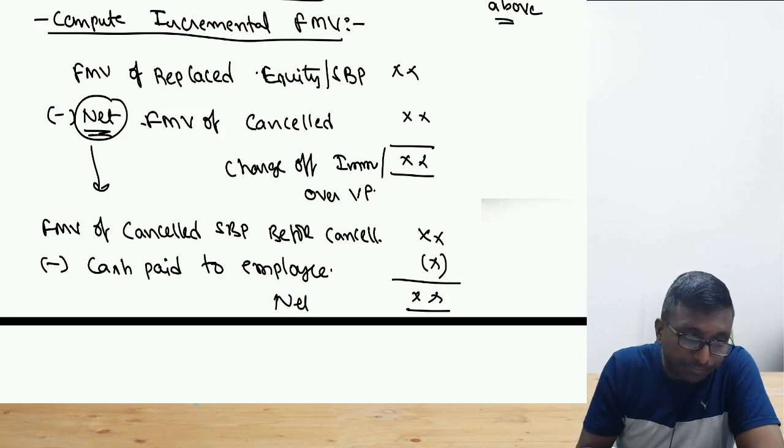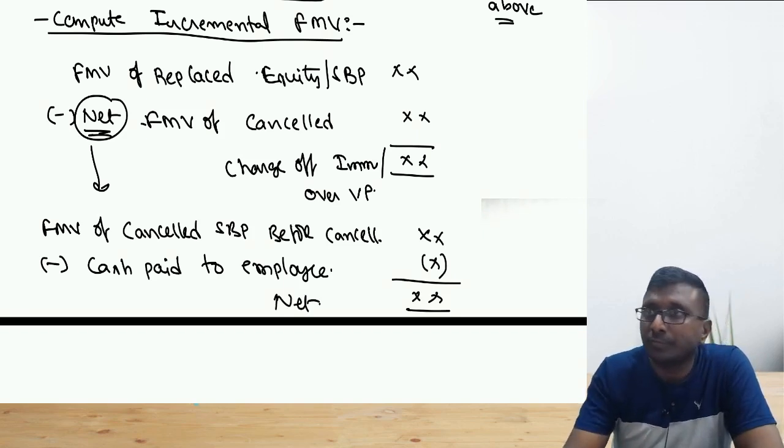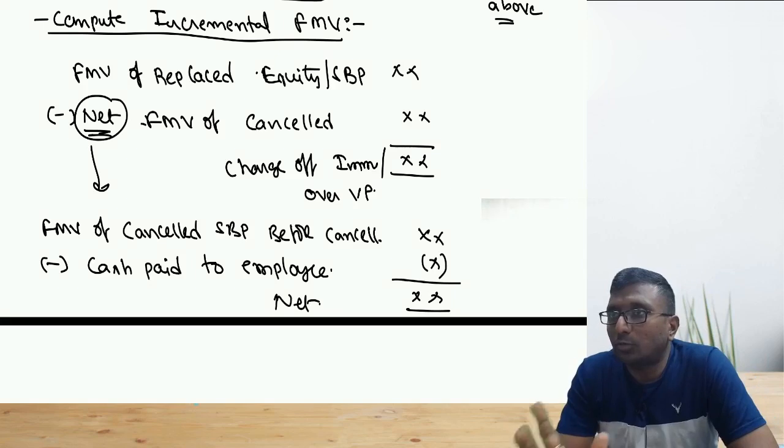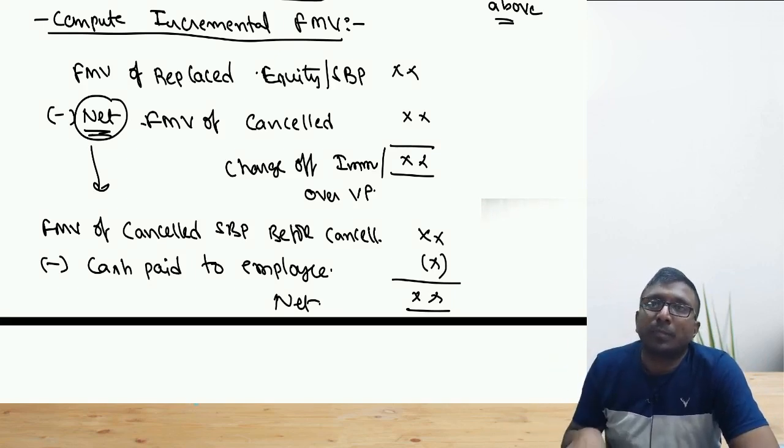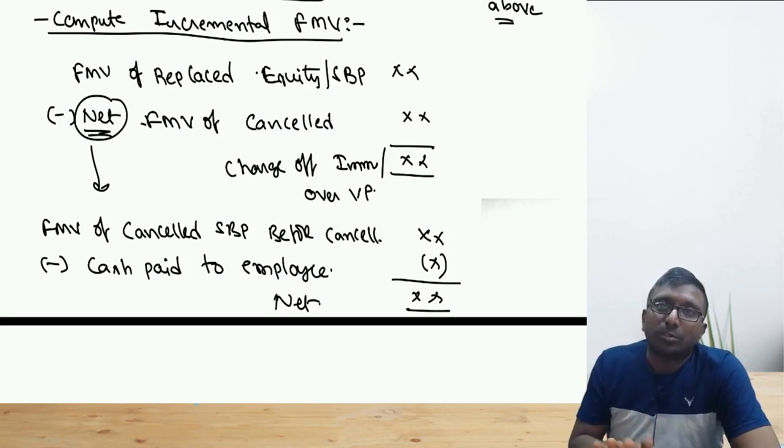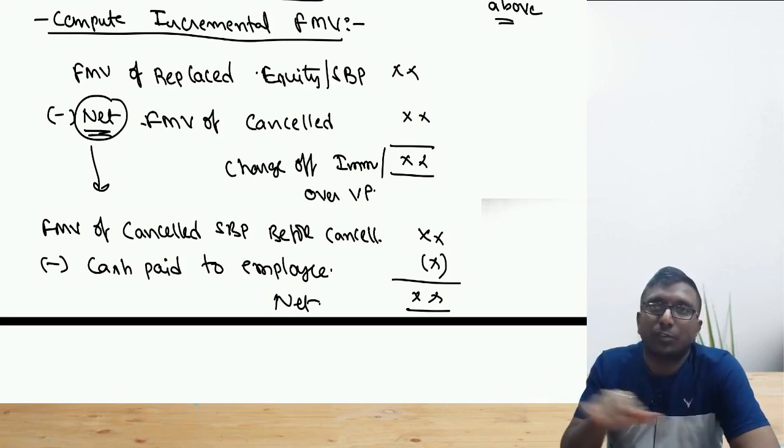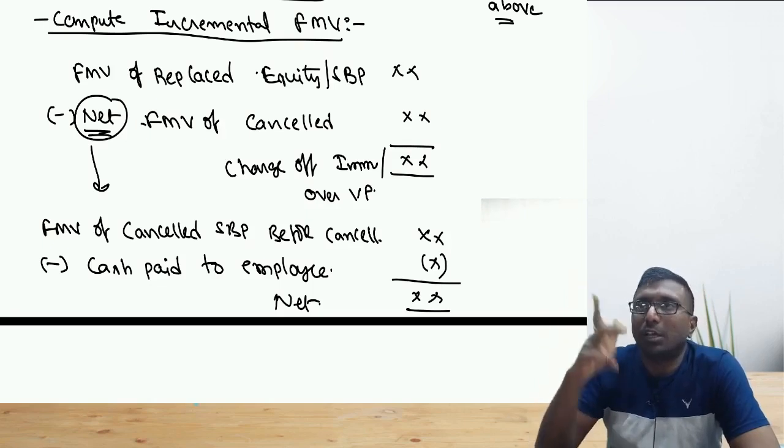This is net. What you give to them, cash you paid, you reduce it from that number. That number is also a total loss to you.